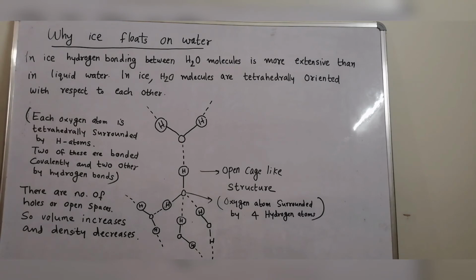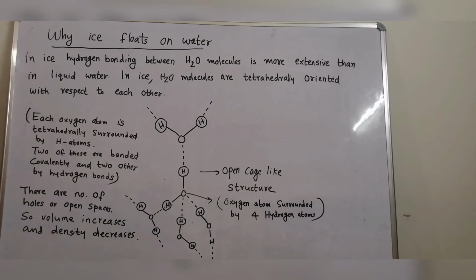Let us come to the last part of this section, why ice floats on water. In ice, hydrogen bonding between water molecules is more extensive than in liquid water. A substance in solid state has a definite structure and molecules are more rigid relative to one another than in liquid state.